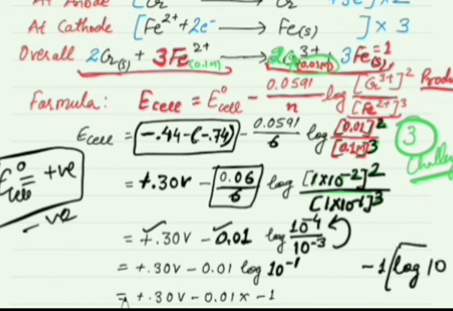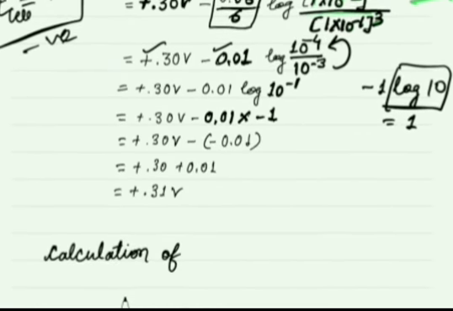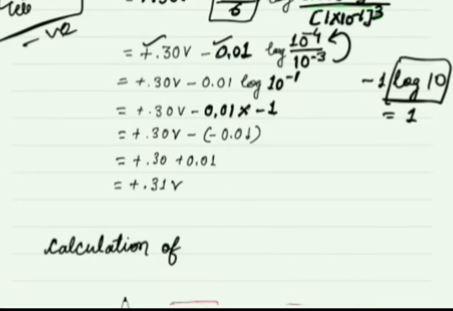log 10 का वैल्यू कितना होता है मैंने आपको पहले भी बताया, it is equal to 1. सो मेन चीज हमारे पास क्या रह गई? माइनस 1 मल्टीप्लाइड बाय 0.01 कितना हो जाएगा?